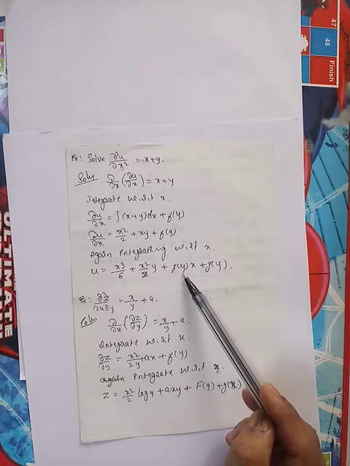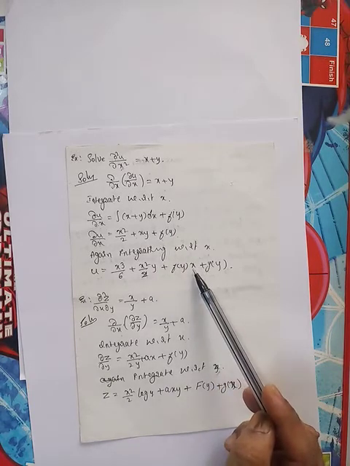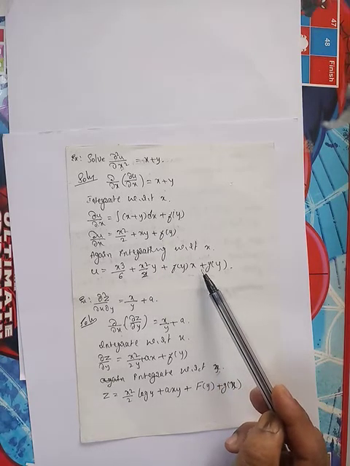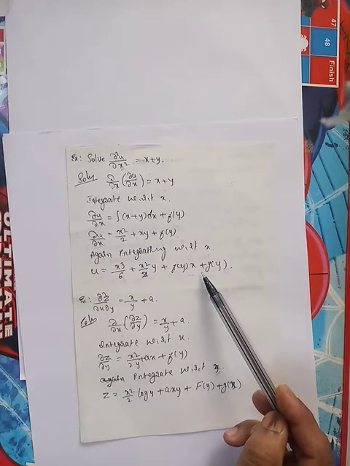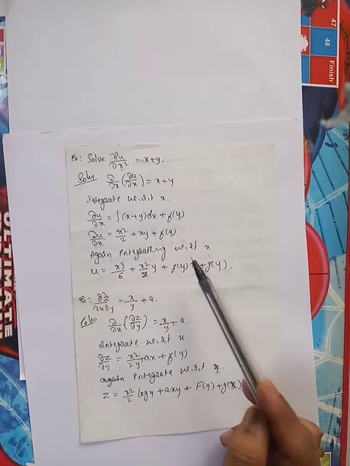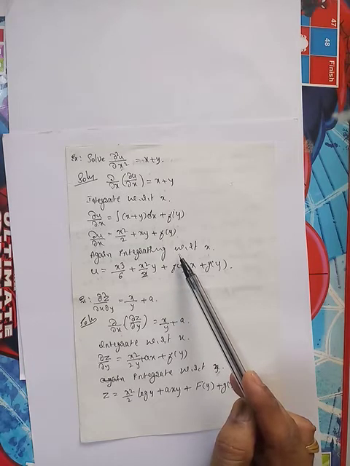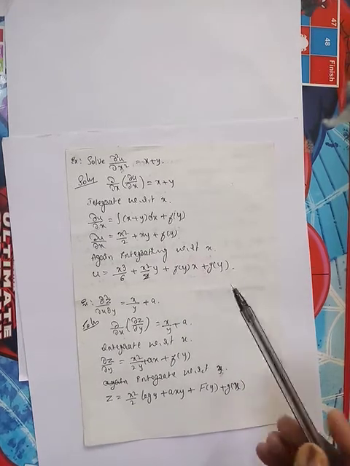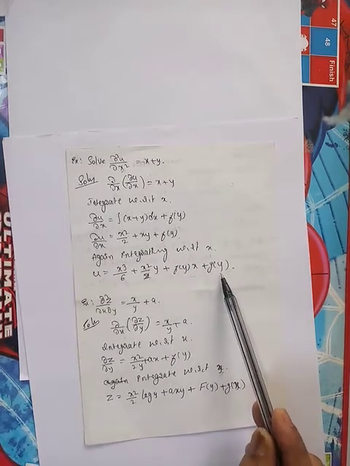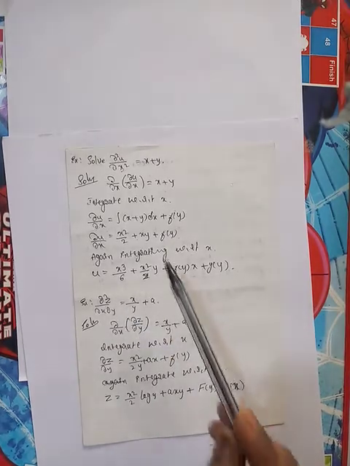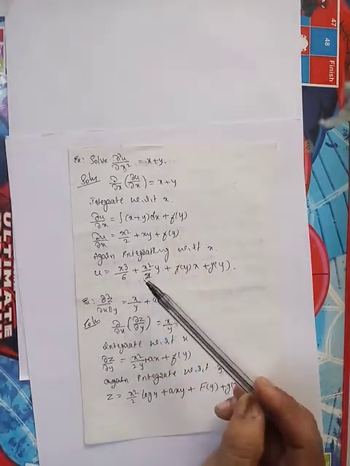So keeping it constant, integration of 1 is given by x, plus now we consider the arbitrary function of y again. So we are integrating one more time, so we consider one more arbitrary function of y, that is g of y. So this is the solution of the given non-homogeneous PDE.